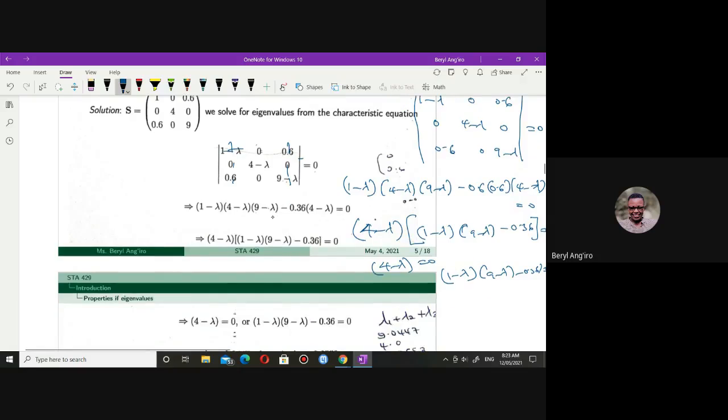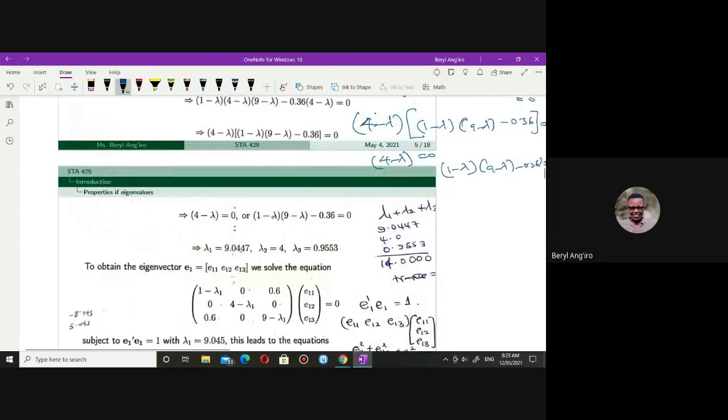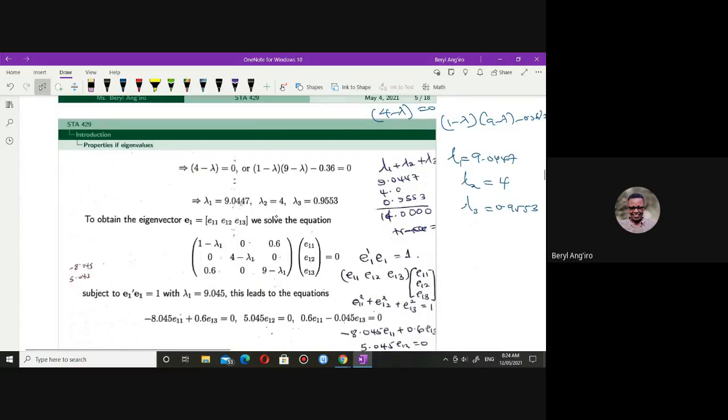So from here we get three values of lambda. Lambda 1, that is the largest, is 9.0447. Lambda 2, the second largest, is 4. And lambda 3 is 0.9553.